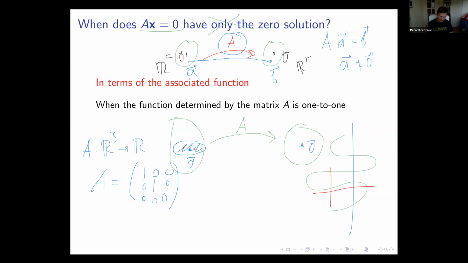Take a minute to think: can you describe what this linear operation does? Take some vector x of your choice, act on it, and see where this vector lands.